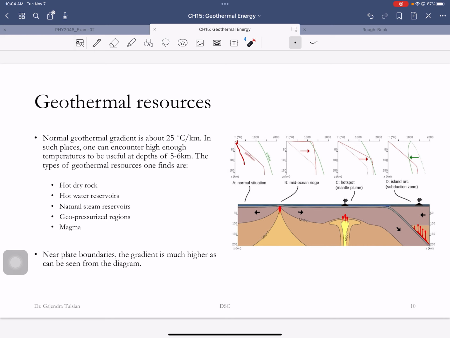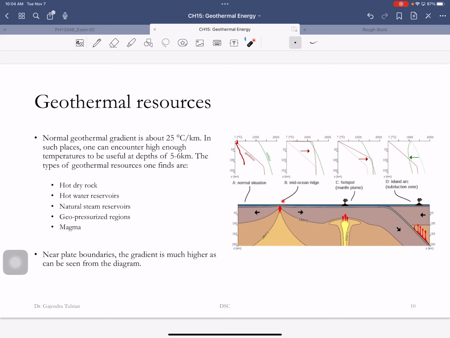What is the difference between the normal situation and a mid-ocean ridge? At the mid-ocean ridge, near here, the temperature is rising very fast. You don't have to go too deep at all.